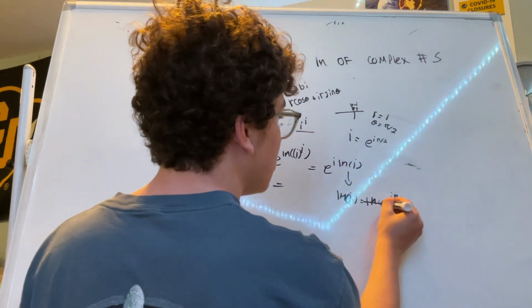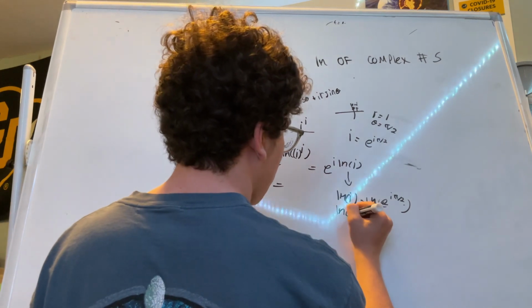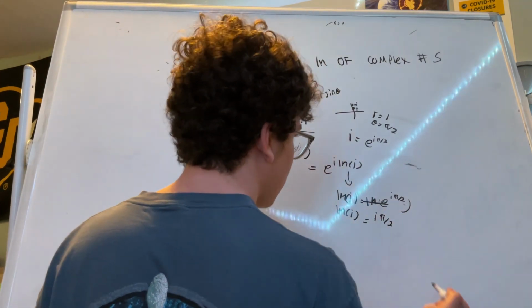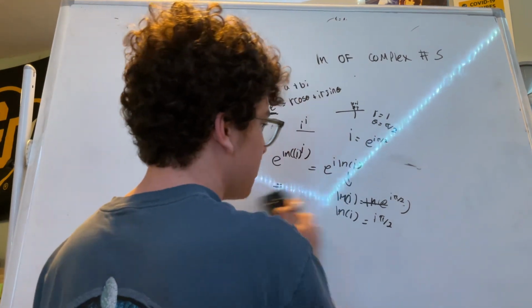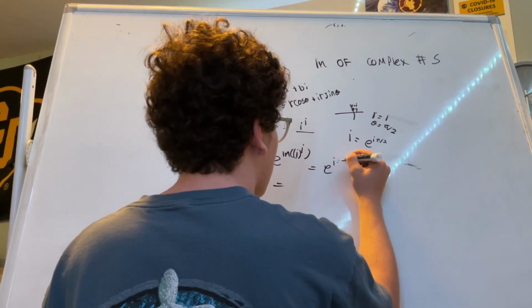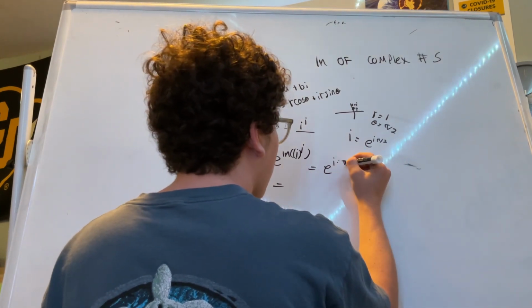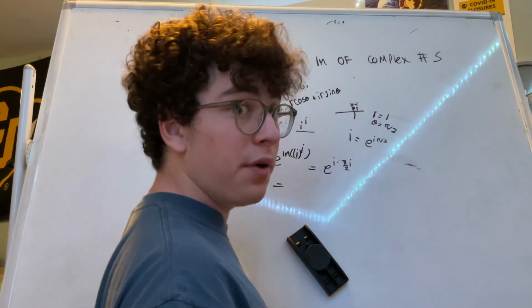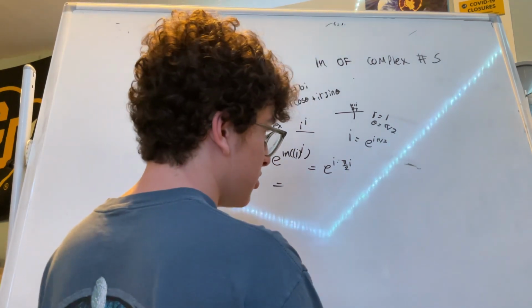Therefore, these two will cancel. Natural log of i is equal to i pi over 2. Cool. So now we can substitute that in here. So now we got natural log of i times i pi over 2.